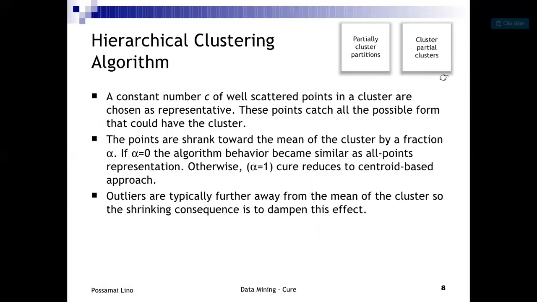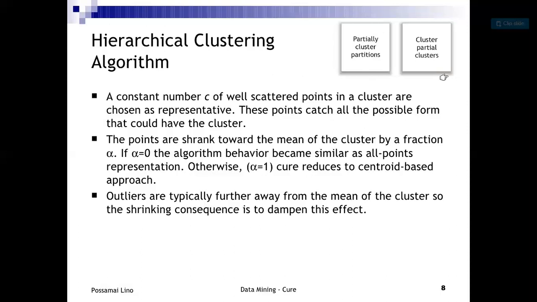When two partial clusters merge together, we select the representative elements out of the previously selected representative elements. Suppose there are n representative elements in each of the clusters.